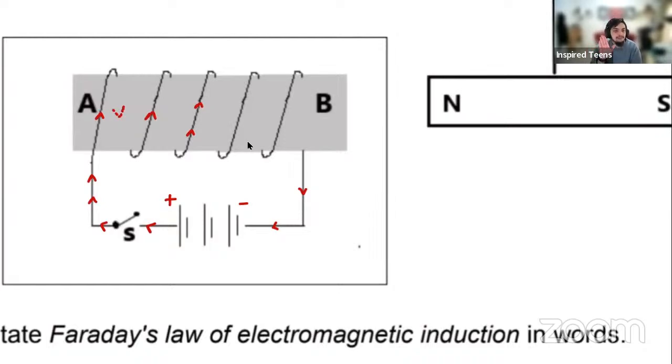So when I point my fingers in the direction of current, for example if I consider that section and point it upwards, then when I curl around, that makes sense with the direction of current. And when I do that, I will notice that my thumb is pointing in the left direction. So when I use the direction of current, I can determine the direction of the induced north pole. So induced north pole is here, induced south pole is here.